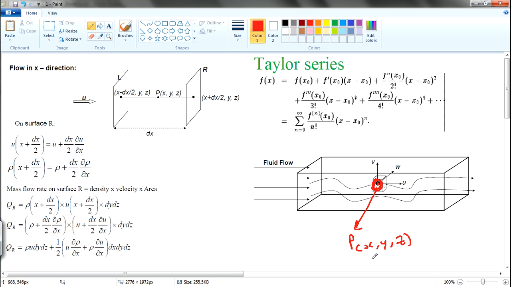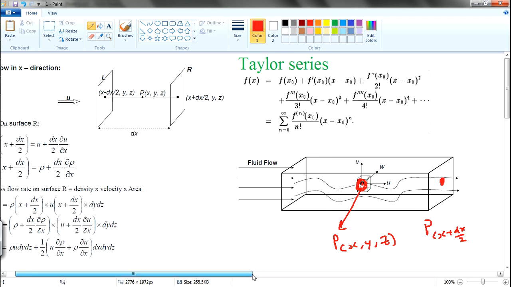And maybe if you are keen, what is the point over here? This point is P, where instead of x it is x plus dx over 2. Later I'll explain why.